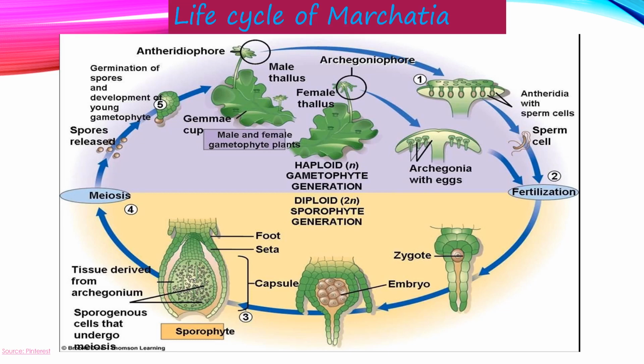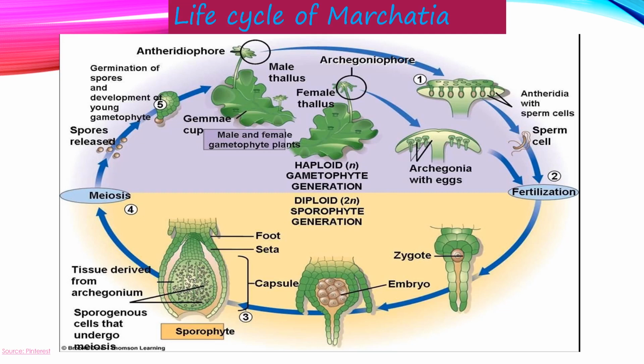The sporophyte is also called the spore-bearing structure. The sporangium, that is, the spore-producing body of the sporophyte, develops into a capsule. Now the archegoniophore has a capsule instead of archegonia.